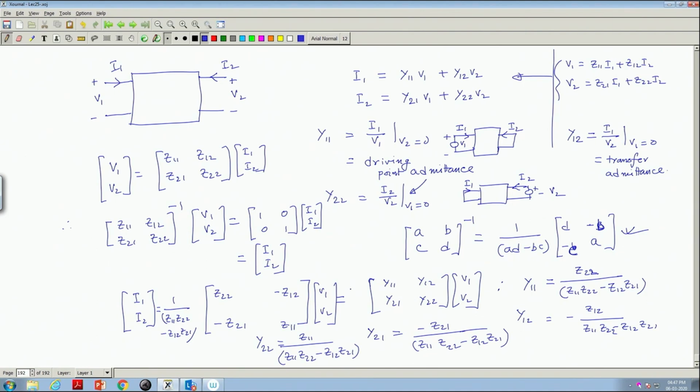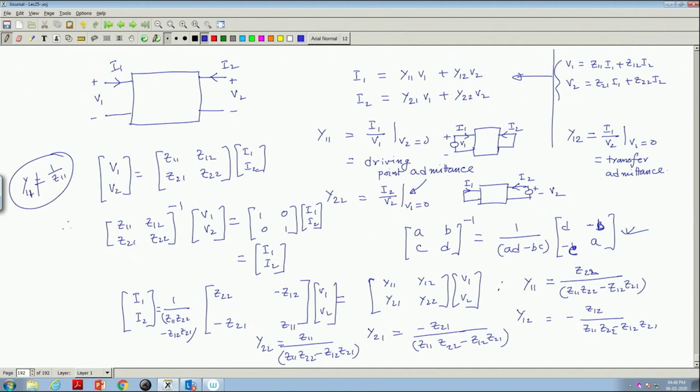Similarly, y11 is not Z11, it is not like that. So, you have to take the inverse, or manually you can always play with this equation to express I1 and I2, keep on the other side, bring other things there, algebraic manipulation you do, you will get the same result.